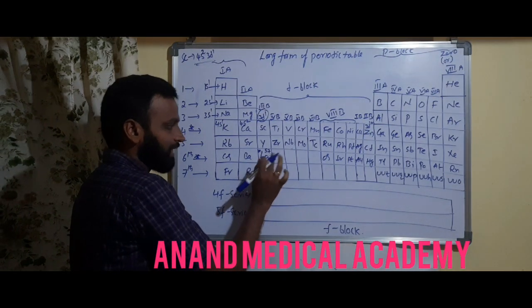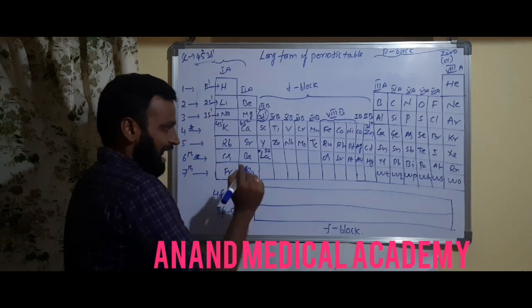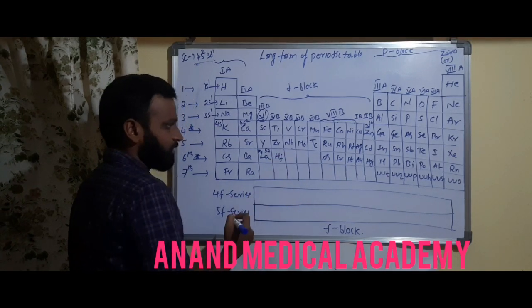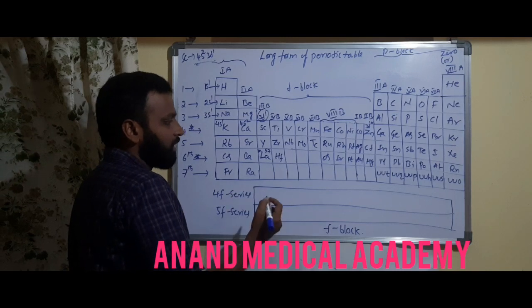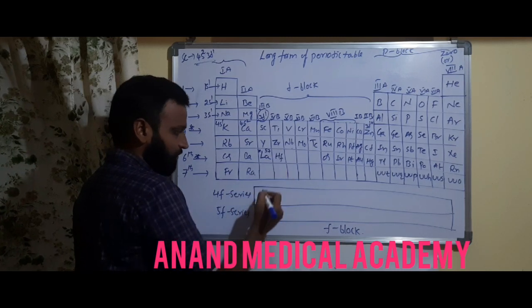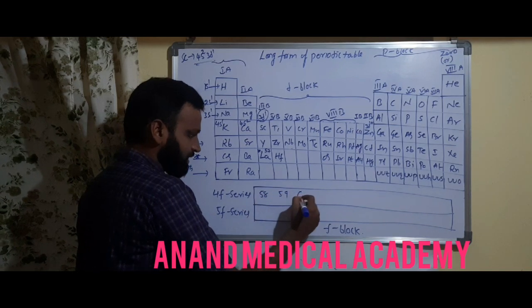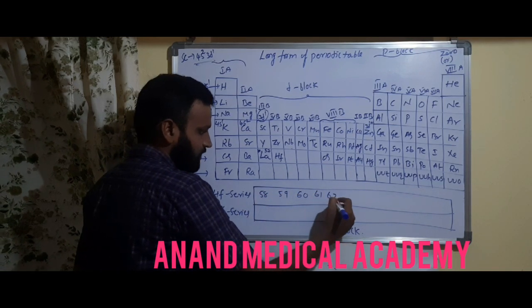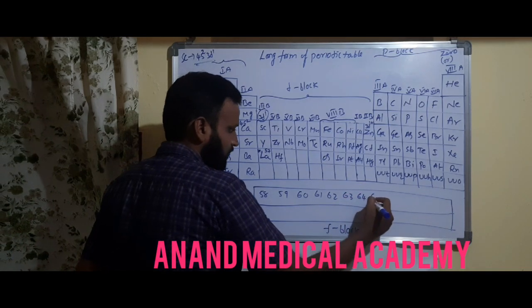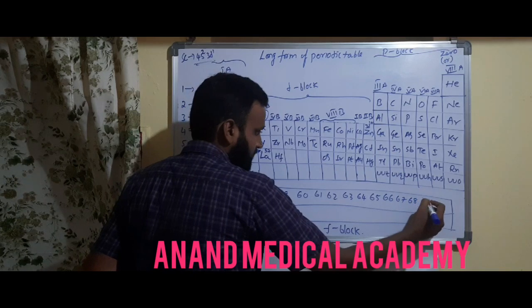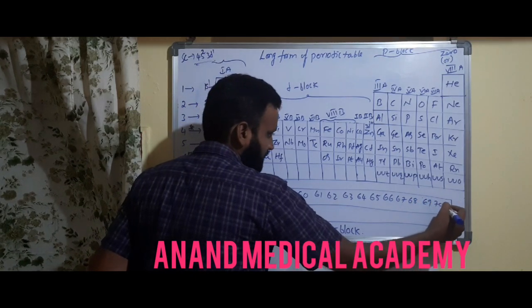Okay, so I'll write all the elements here first. And lanthanum, and here hafnium you have. Okay, 57 to 71. Here it is 58. Here will come 58, 59, 60, 61, 62, 63, 64, 65, 66, 67, 68, 69, 70 and 71.